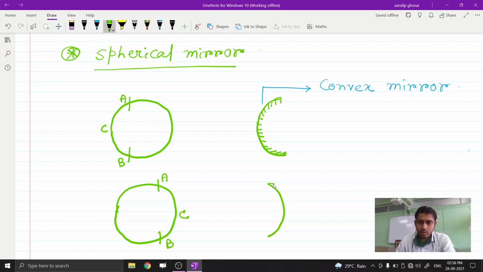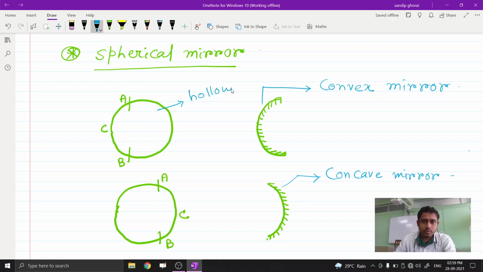If one side of the curved surface is opaque, we get a mirror called a concave mirror, because the reflecting surface is concave. Both are made from a hollow glass sphere.